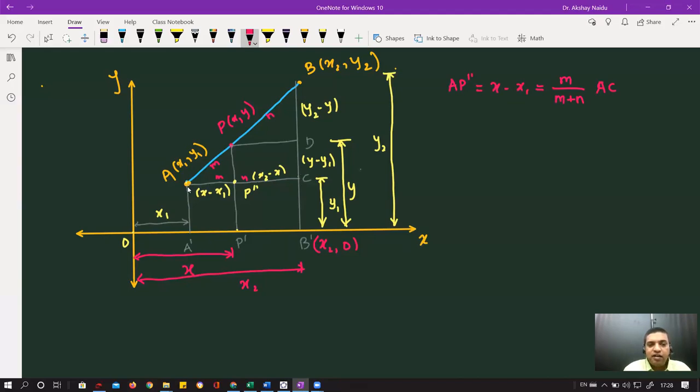AC is some length, and this total length is m plus n, and this part is m. So x minus x1 is m by m plus n times AC, which is x2 minus x1. Now, what will be x? Bring this x1 to the other side.